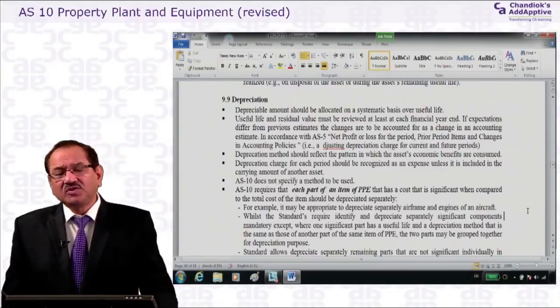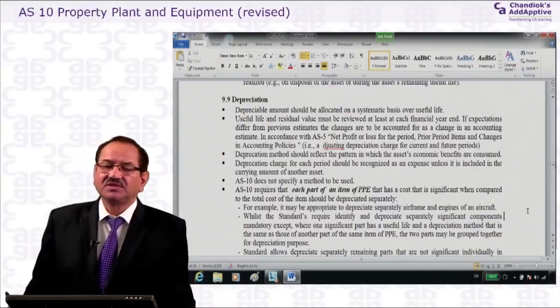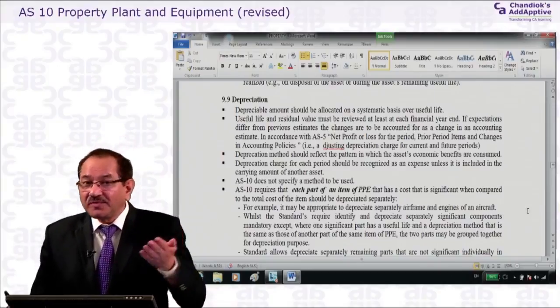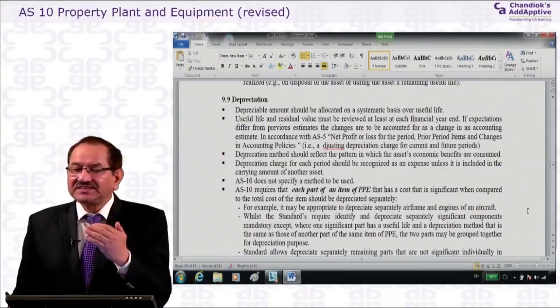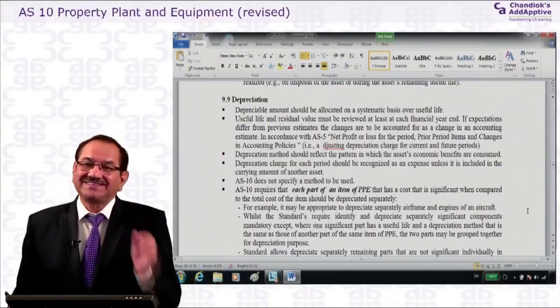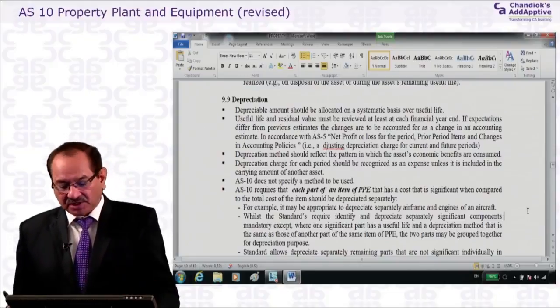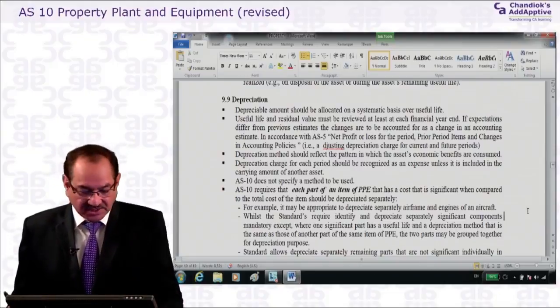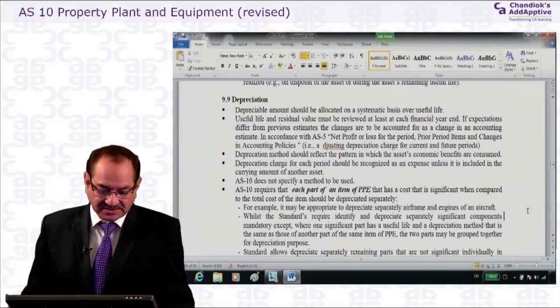And if you say no, benefit depends upon the units of products, how many units it has produced, then you should go by the unit method. The point is that it does not say which method you should follow. It depends upon the pattern in which the benefit is consumed. That's the basic principle laid down in Accounting Standard 6.